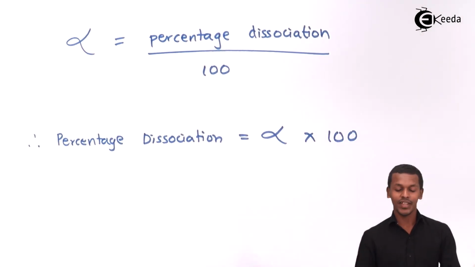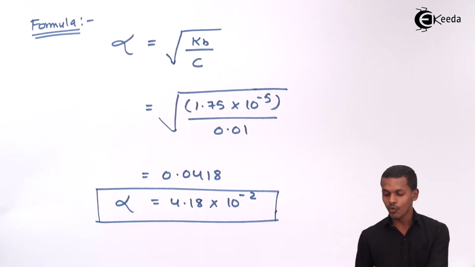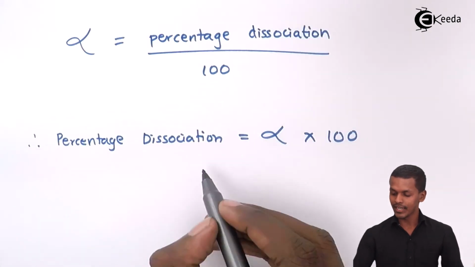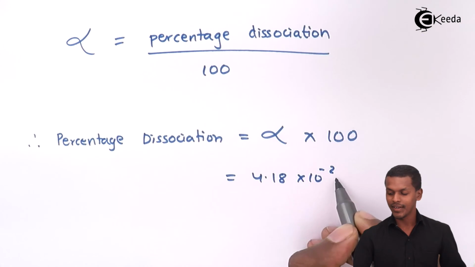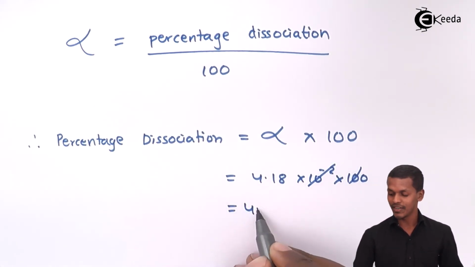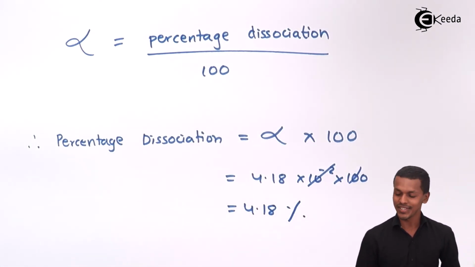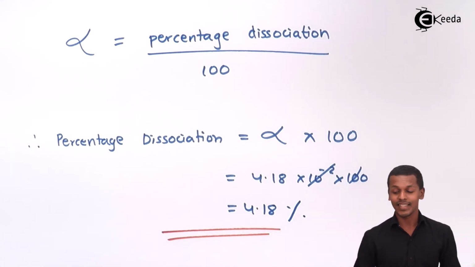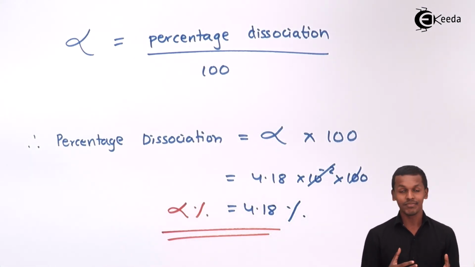The alpha that we have got is 4.18 into 10 raised to minus 2, so we write 4.18 into 10 raised to minus 2 multiplied by 100. The 10 to the power minus 2 cancels with the 100, and the only thing left is 4.18, because we are calculating the percentage dissociation. So this is the final answer, and this is how we have calculated the percentage dissociation.